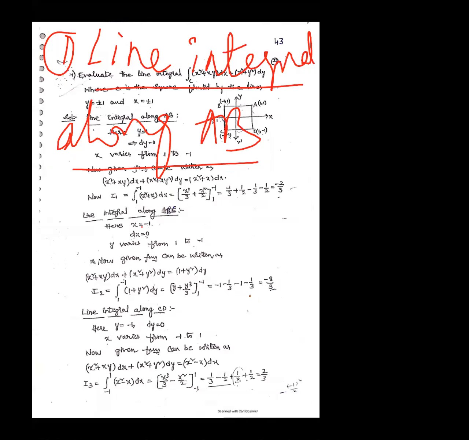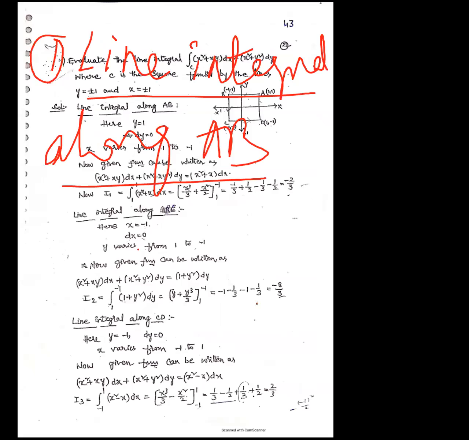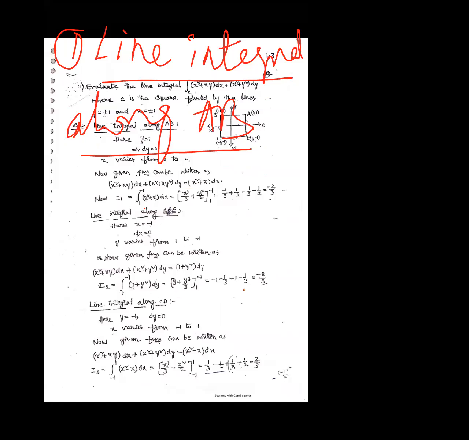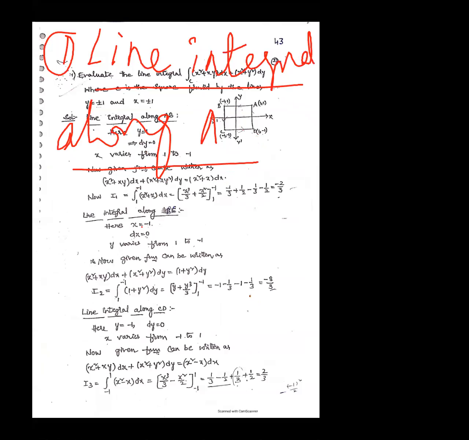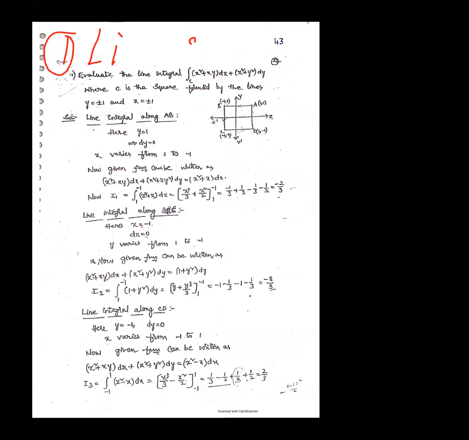Observe that for the point of A and the point of B, y is the constant 1. So we fix y equal to 1, and applying the derivative, dy equal to 0. X varies: the x point of A is 1 and the x point of B is minus 1. So in the direction, we observe the limits of x are 1 to minus 1.